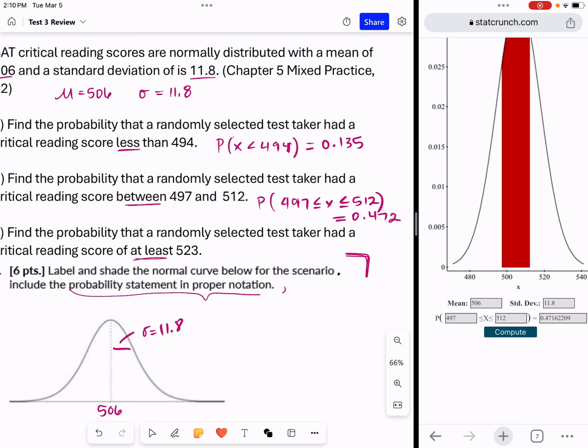So there's our mean and standard deviation. We want to find the probability that X is at least, so greater than or equal to 523. 523, of course, will be over here. And since we want greater than or equal to, we'll shade to the right.